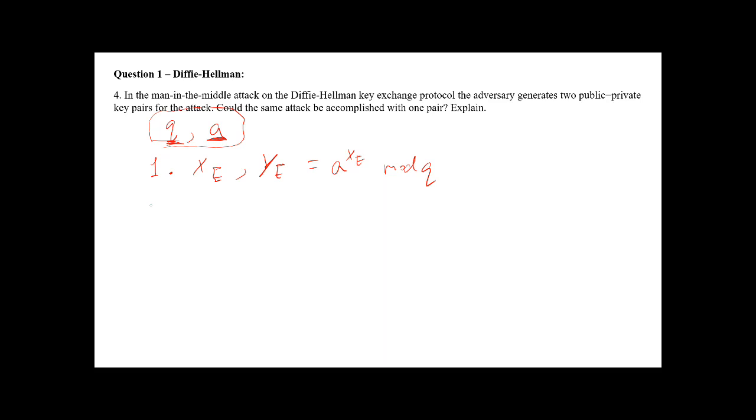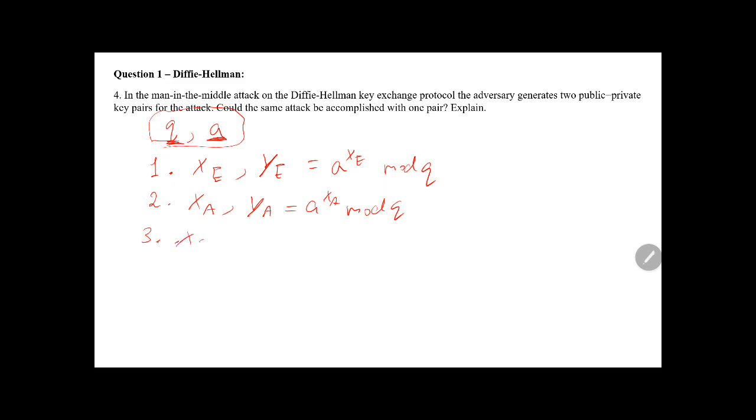Now the next step that she needs to do is to start a communication with Alice and Bob. So what would Alice do? Alice would choose a private key XA, then she would create her public key YA using A^XA modulus Q, and then B would do the same, of course.